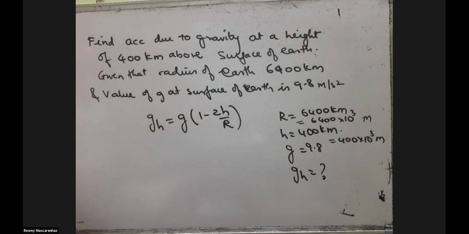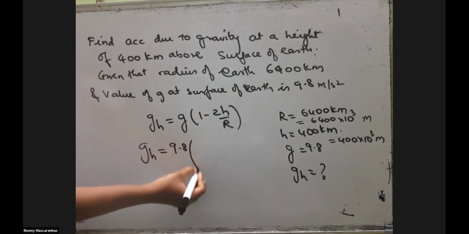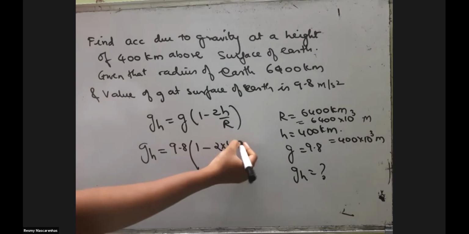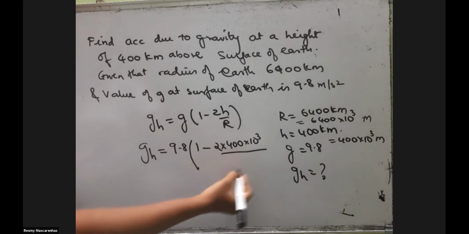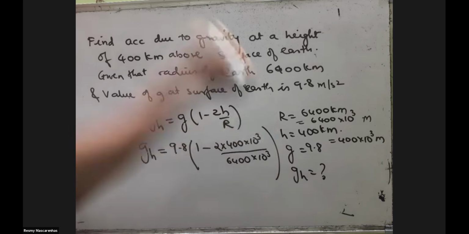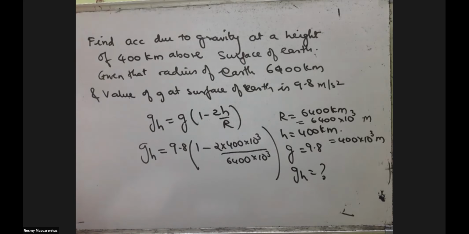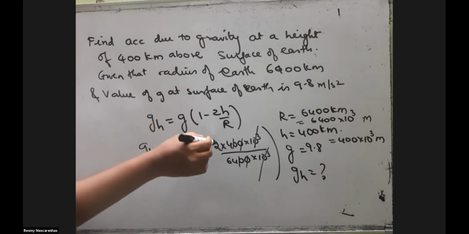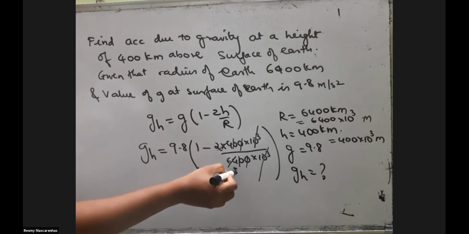Now substitute the values here. It is 9.8 times 1 minus 2 into 400 upon 6,400. This and this will cancel. 8 8s are 64.